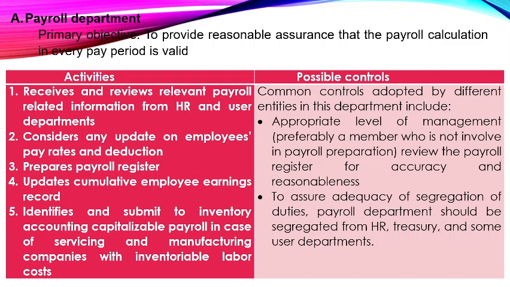Common controls: an appropriate level of management, preferably a member who is not involved in payroll preparation, reviews the payroll register for accuracy and reasonableness. To ensure adequacy of segregation of duties, the payroll department should be segregated from HR, treasury, and other users departments.